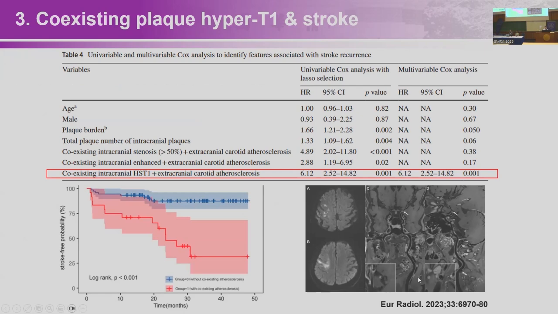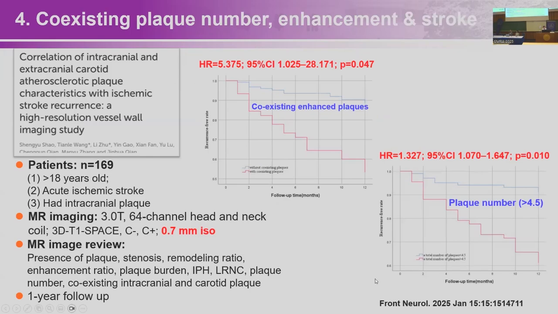This is a very interesting result. Another similar study also showed that both plaque number and plaque enhancement of coexisting atherosclerosis are significantly associated with future events of cerebrovascular disease.